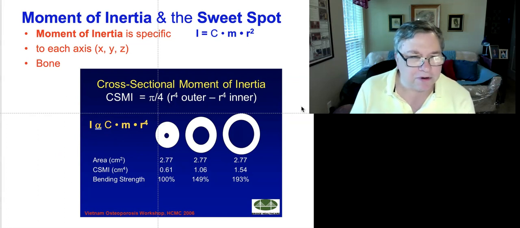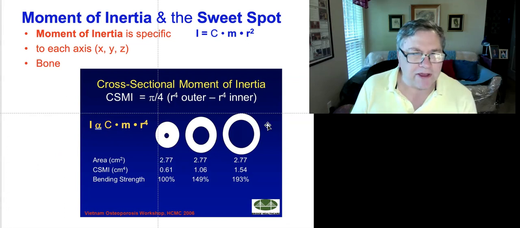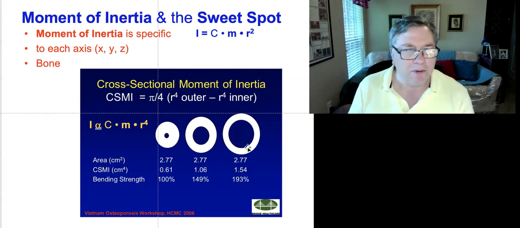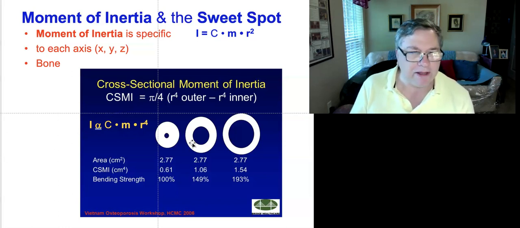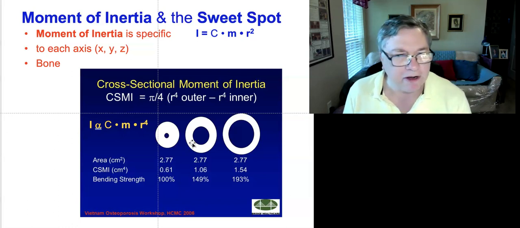Okay, kind of proportional. So the strength of the shaft of a bone, which is made of cortical bone, is often related to its moment of inertia. Moment of inertia, again, is resistance against torque. It's a resistance against bending forces, sometimes even shear forces, but bending forces for sure.